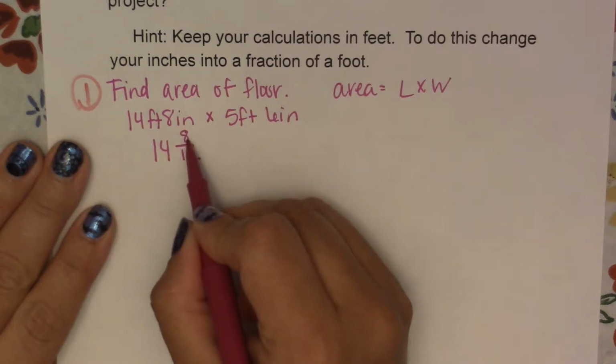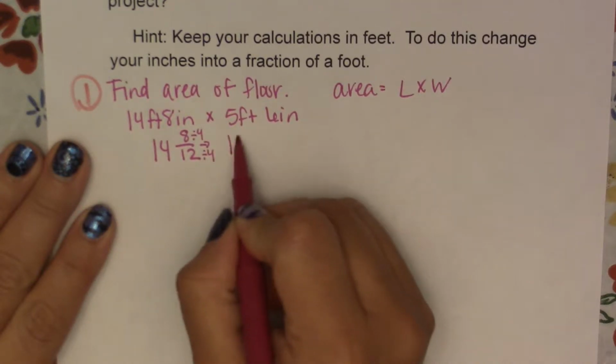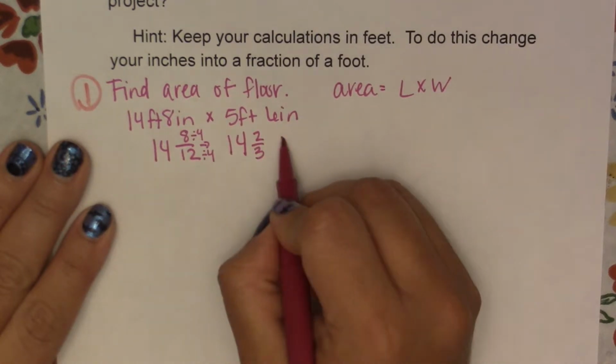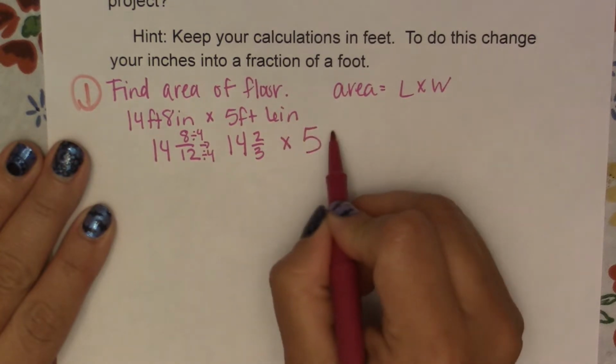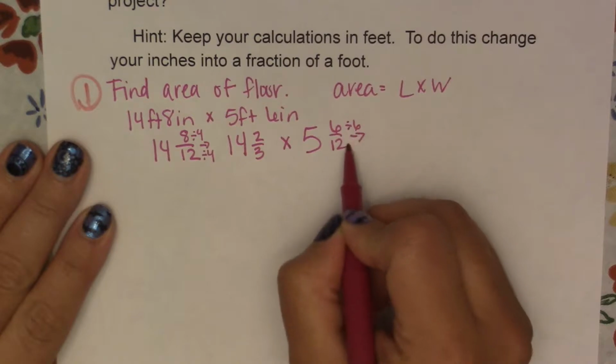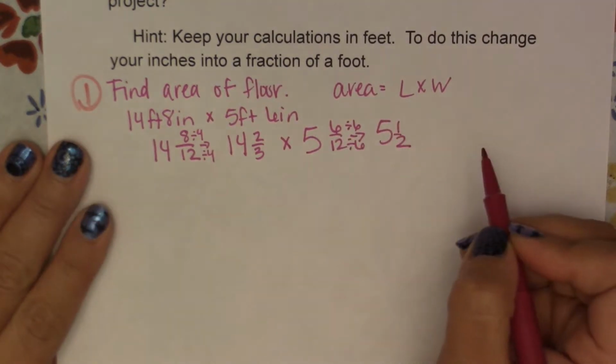And I'm going to simplify this 8 over 12. I can divide both of these by 4. So I get 14 2/3 feet by 5 and 6 over 12. I'm going to simplify that. I can divide those both by 6. So I get 5 1/2.